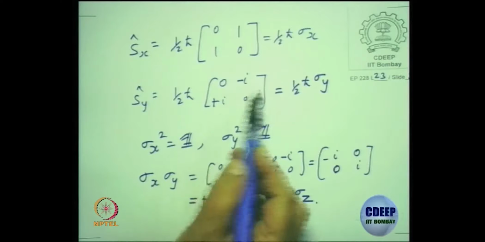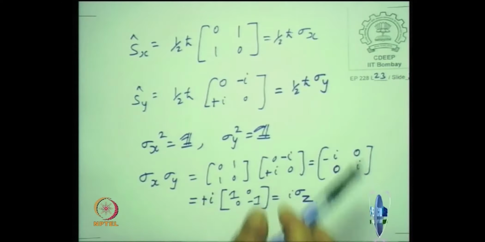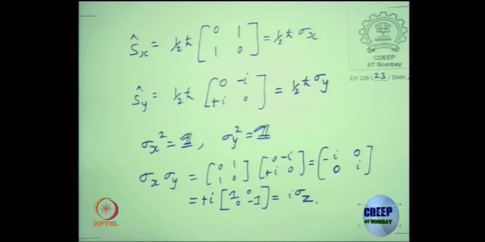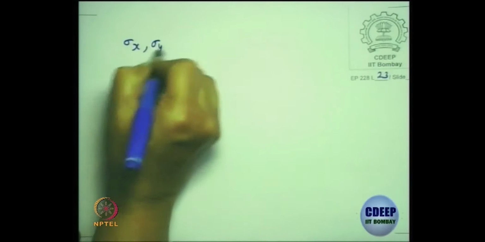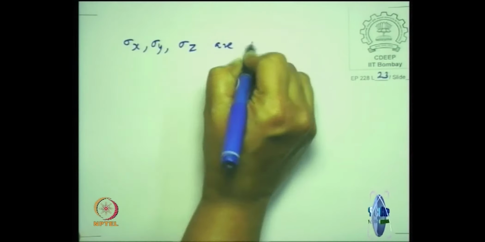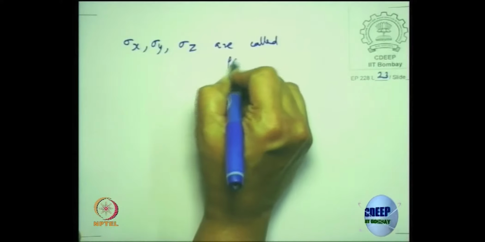So 0 minus I 0 is what we will call sigma y. So the sigma x, sigma y, sigma z in any textbook are called the Pauli matrices. Sigma x, sigma y, sigma z are called Pauli matrices.